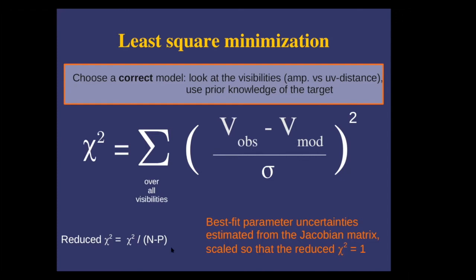One important thing is that the final uncertainties on all your fit parameters are obtained from the best fit uncertainties from the Jacobian matrix, but they are rescaled so that the reduced chi-square is equal to 1. This is the standard way to do it, and it's one way to make the uncertainty estimate a little bit more robust in a statistical interpretation.